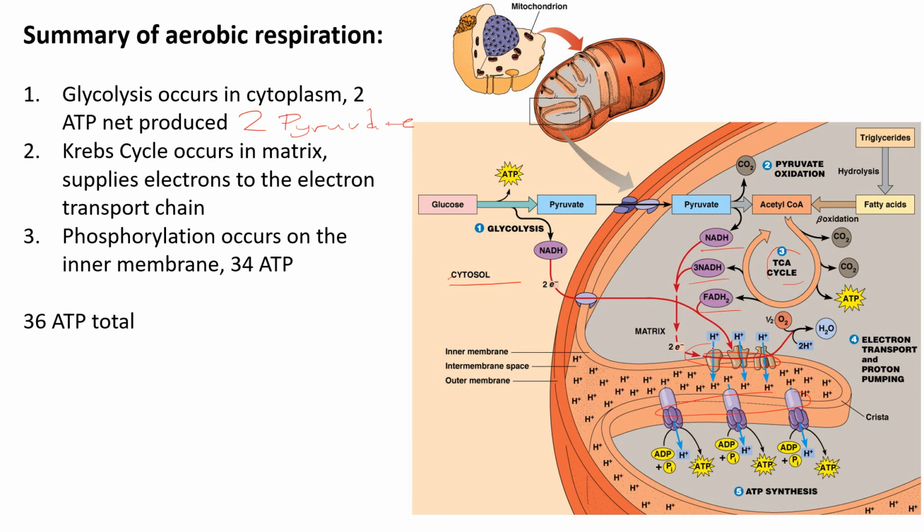These here are all working to put hydrogen ions or protons from the matrix into this area here called the intermembrane space, and they tend to go out due to diffusion through the ATP synthase, and that makes the ATP from that. So it goes beyond, but you do need to know that phosphorylation occurs on the inner membrane. Okay, keep that in mind.